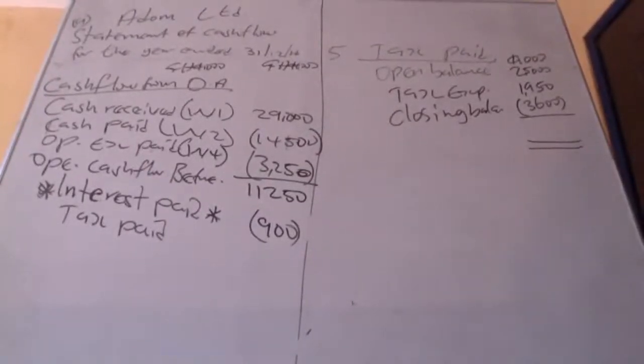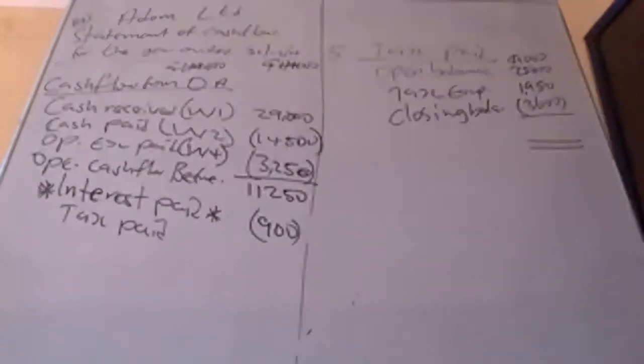So 2,500 less 3,600 and add back the 1950. This is what you get. I get 850. Kindly get me the answer.